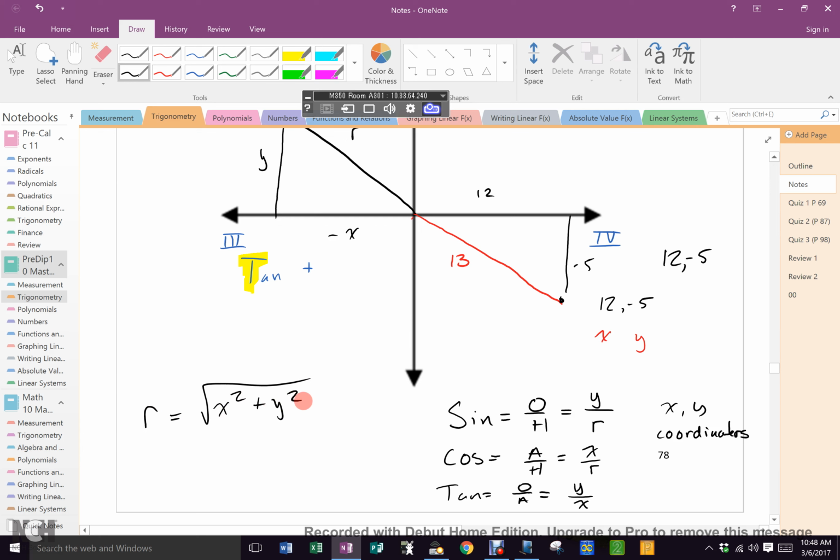Now, if you know the x and y coordinates, do you automatically know sine, cos, and tan? Because of this. Everybody cool? We are stopping there because you need that to soak in. Tomorrow I will give you work on it. Okay? Everybody good?